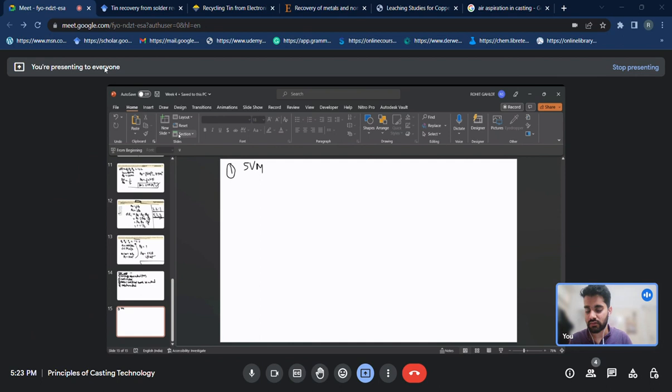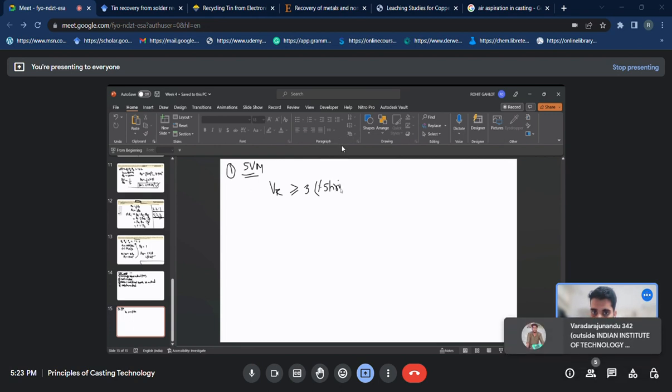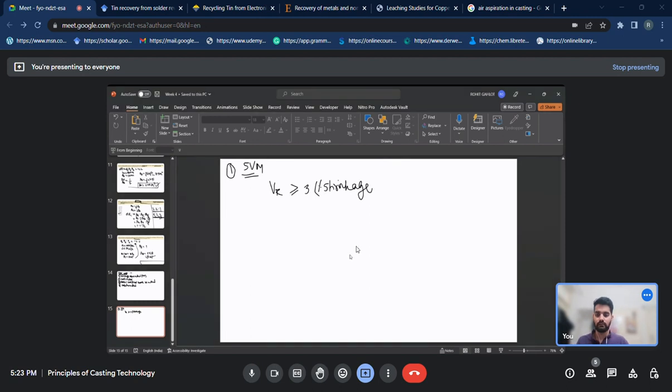So if we discuss the shrinkage volume method, as per this method, the volume of the riser should be greater than or equal to 3 times the percentage of shrinkage volume of the casting.